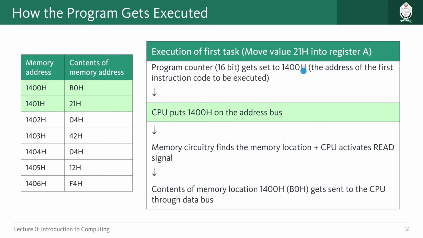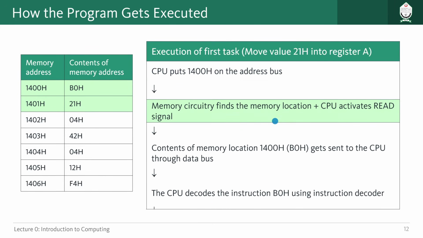Then the CPU will put this address on the address bus, so that this particular location in our memory can be located, which is this one, right? We want to fetch this data from the ROM. Using the address bus information, the memory circuitry will find the memory location, and at the same time the CPU, using the control bus, will activate the read signal.